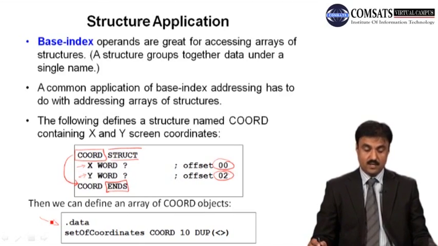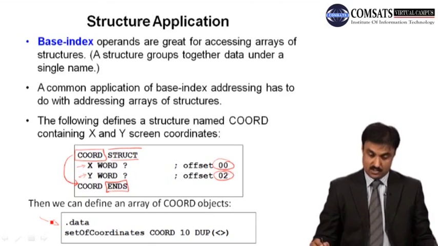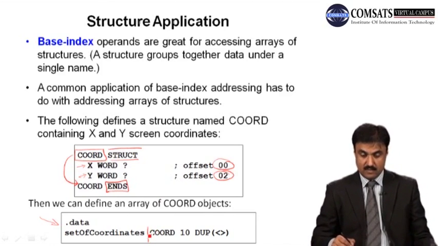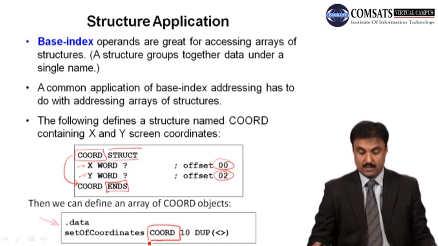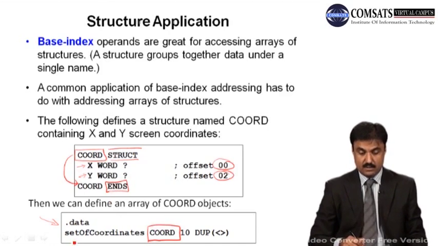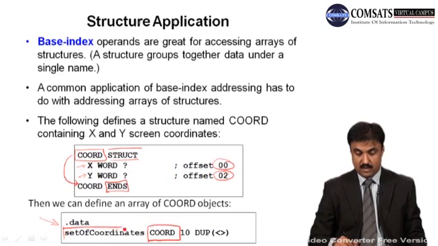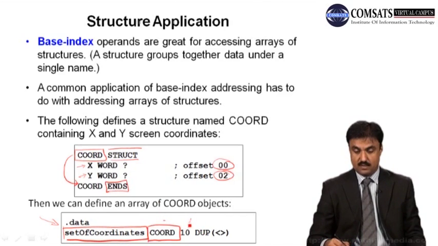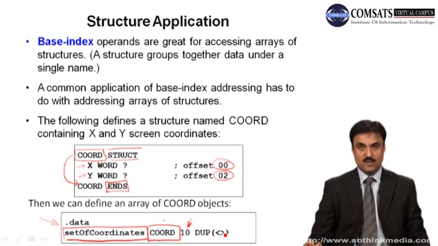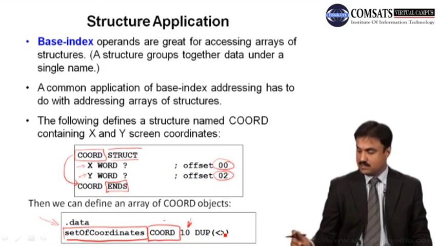We can define variables of the COORD type, so this is our user defined data type. The name of the variable we are using to hold this structure is set of coordinates, its data type is COORD, and it is duplicated 10 times. The brackets indicate that we are not assigning any value to the elements of any structure, and so on.